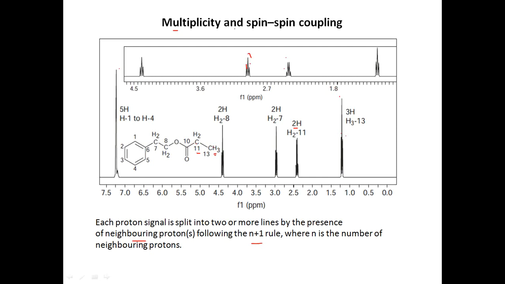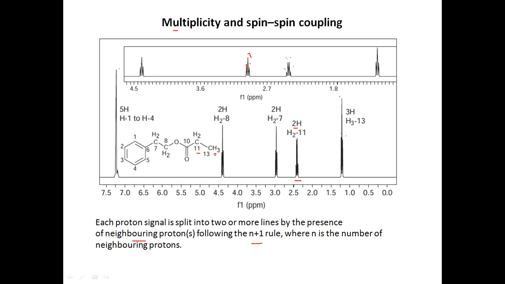Now take this methylene group, which resonates at this particular region. Its neighboring methyl group has 3 protons, so 3 + 1 is 4. So it should show 4 lines. You see 1, 2, 3, 4. That is the spin multiplicity for spin-spin coupling.